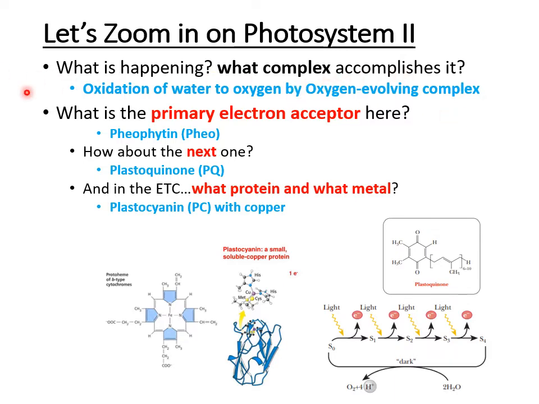And this is a very important step because this conversion of water to oxygen is the ultimate source of electrons in photosynthesis. And then those electrons are passed through the electron transport chain that we saw between photosystem 2 and photosystem 1 in the figure on the previous slide.